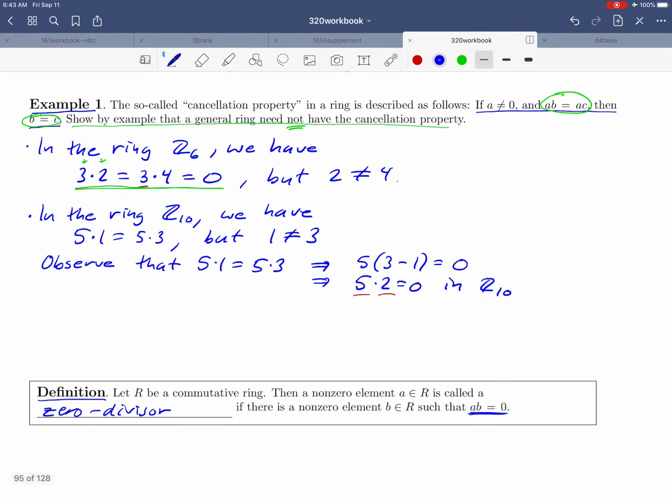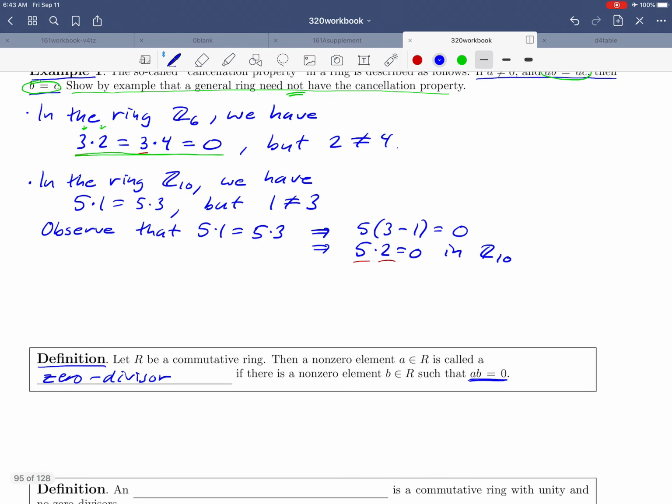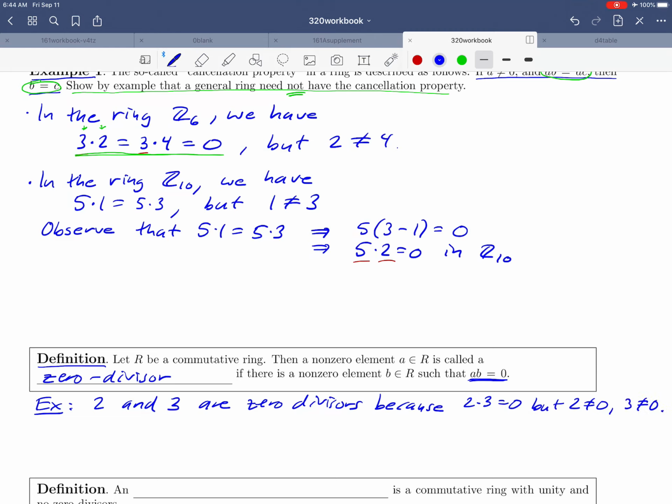Just to give you an example based on what we did above, in the ring Z6, 2 and 3 are zero divisors. Why is that? They're zero divisors because two things are true. We can multiply them together and get 0, and the numbers themselves are non-zero. So 2 times 3 equals 0, but 2 is not equal to 0, and 3 is not equal to 0.